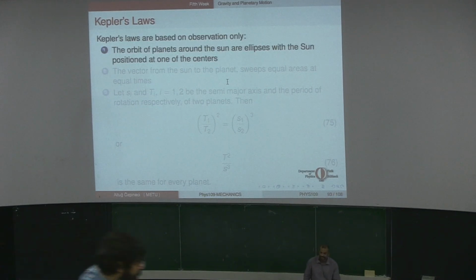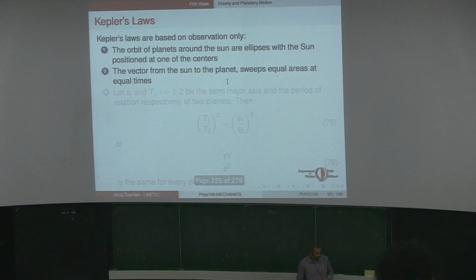Well, we will discuss what an ellipse is. Second, if you take the vector, the line connecting the sun to the planet, it will be going over an area in a given time. As long as you observe the planet for a fixed amount of time, that area is the same, independent of when you observe your planet.